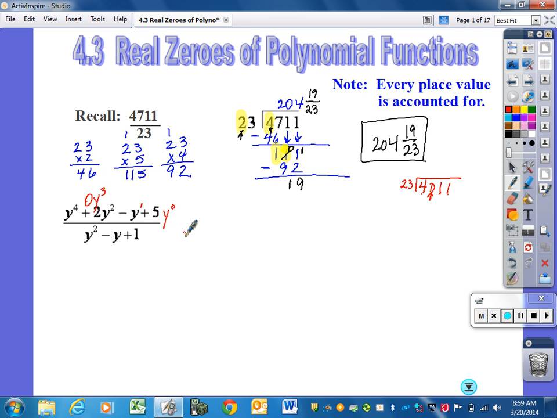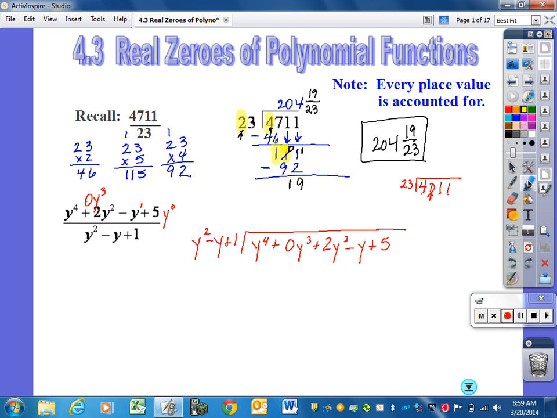Yes. 4, 3, 2, 1, 0, all are there. So now I can write down my divisor, y squared minus y plus 1, which should divide into y to the 4th plus 0y cubed plus 2y squared minus y plus 5.